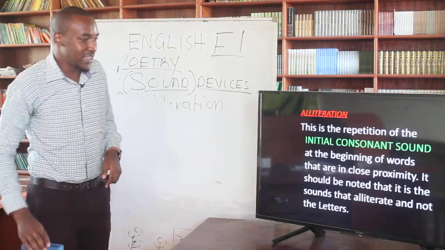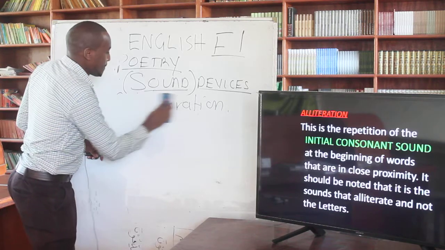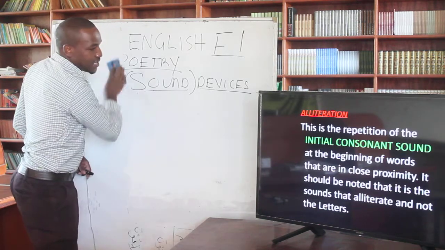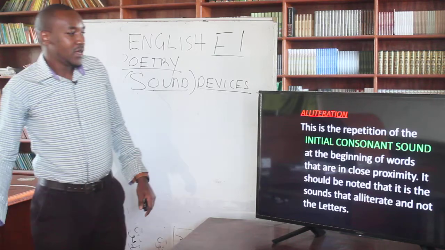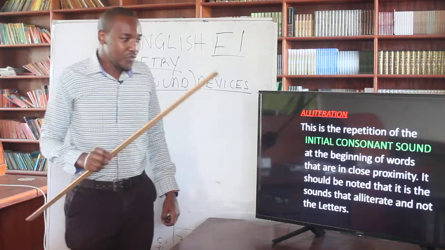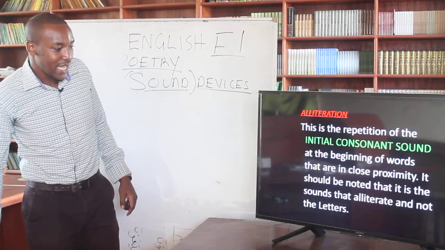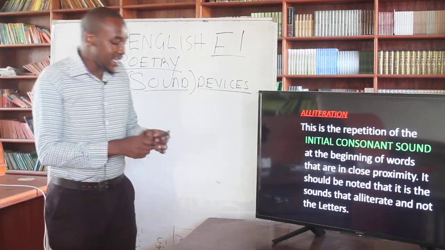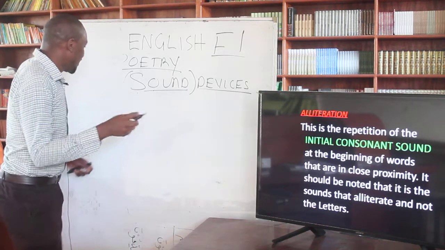So let's have this alliteration. What does it mean by alliteration? Now, alliteration is the repetition of the initial consonant sound. So when I say initial consonant sound, this is what I mean.